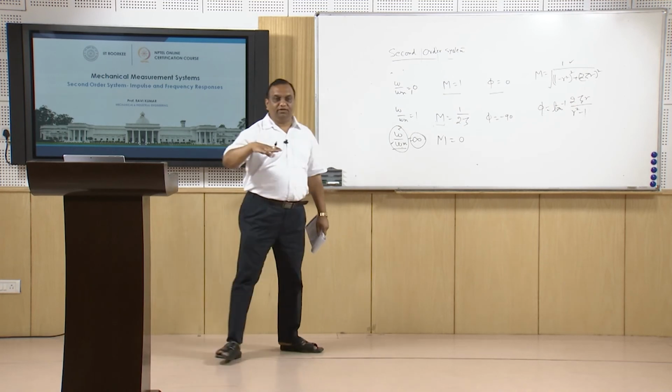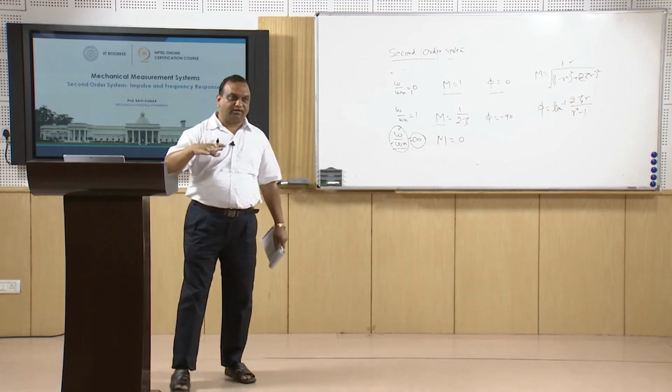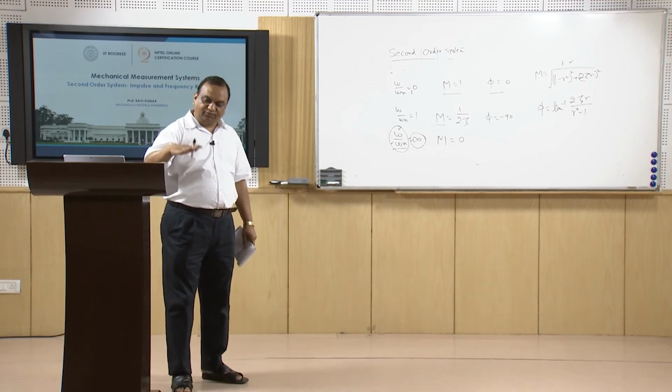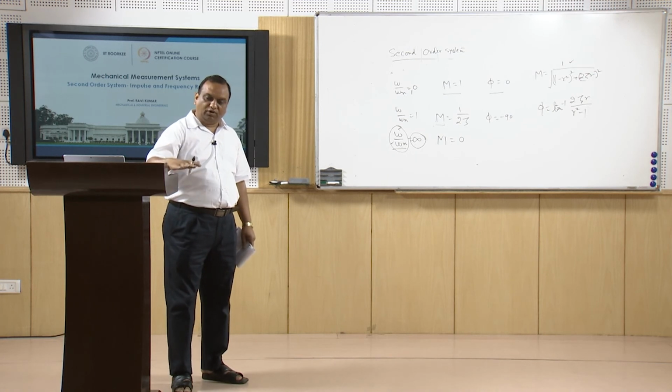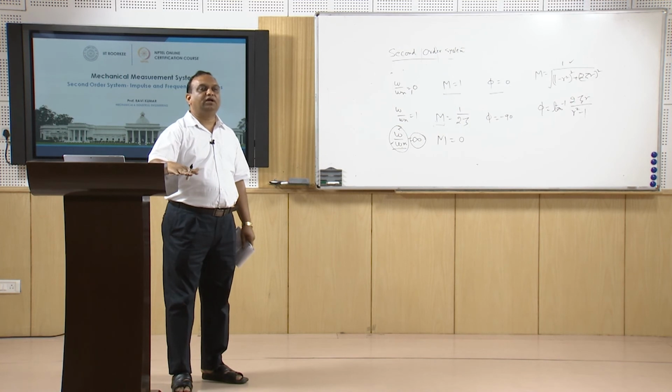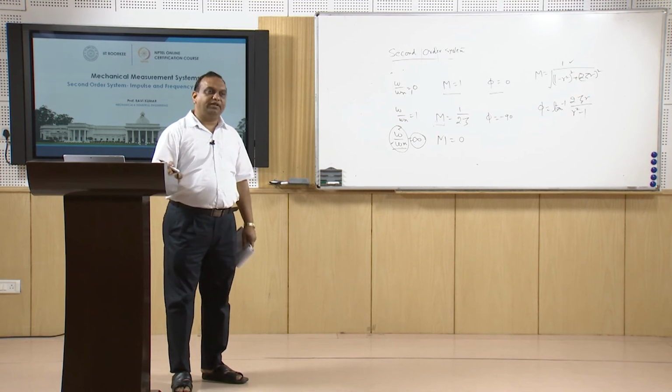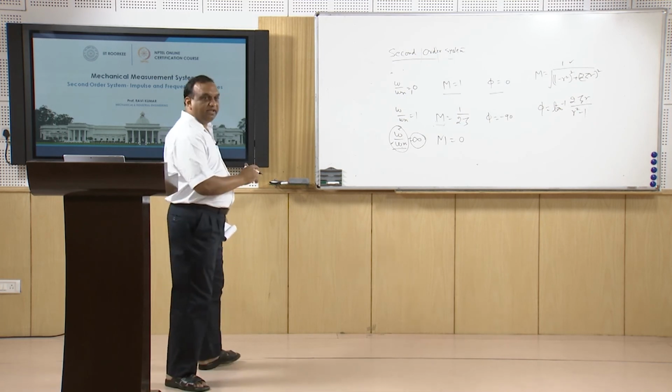When omega by omega n is infinite, definitely m is going to be 0. Physically, if you try to understand this phenomenon, if I impose a frequency on this table and the frequency is say 1 billion cycles per second, the table has its own inertia. So we cannot feel any movement in the table, right? Same is the case here.